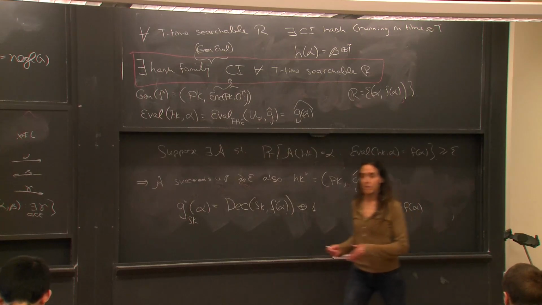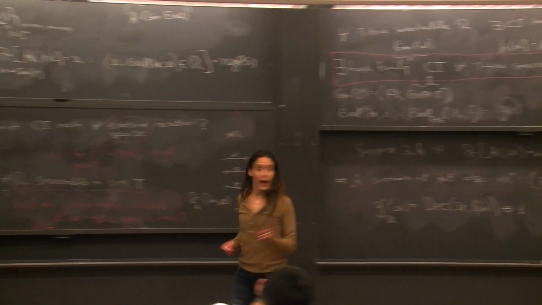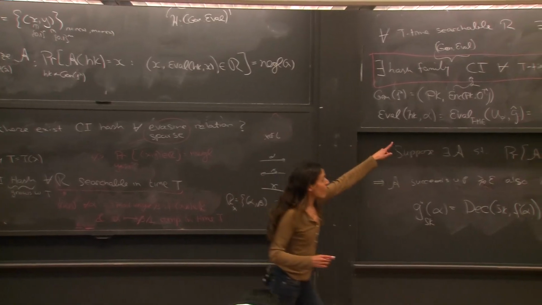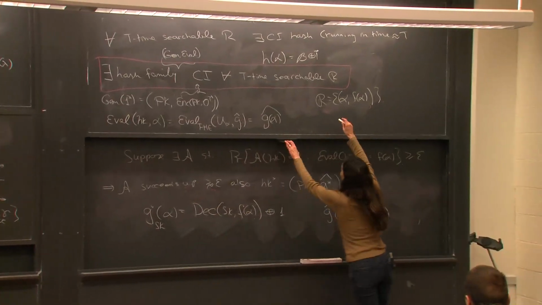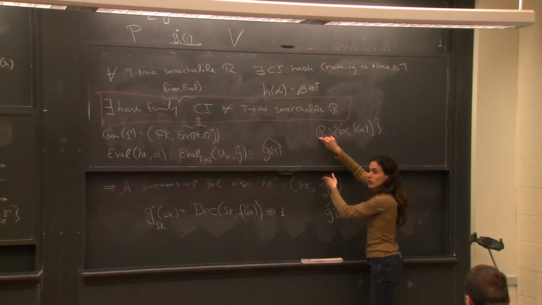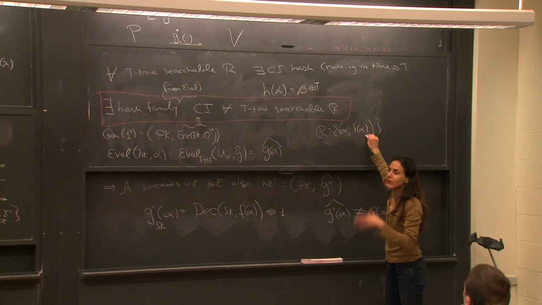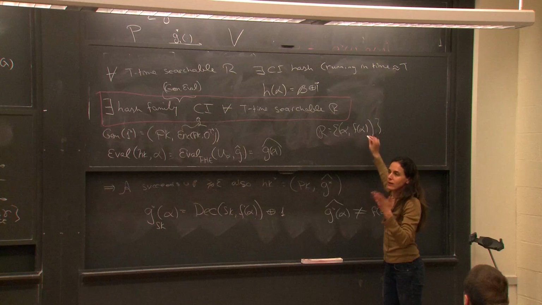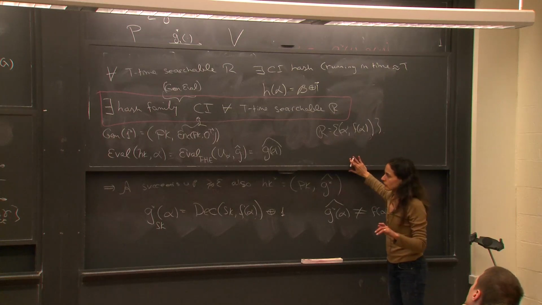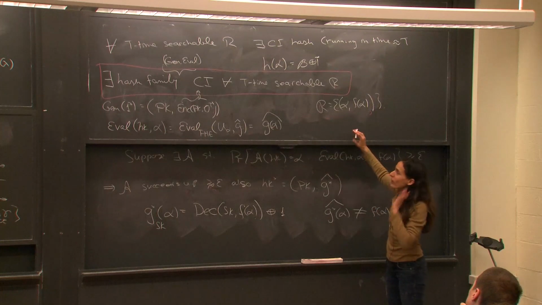Does the adversary get to pick f? No. We have a t times searchable relation, which means that for every alpha there's a unique beta. Is this over all relations? Exactly.